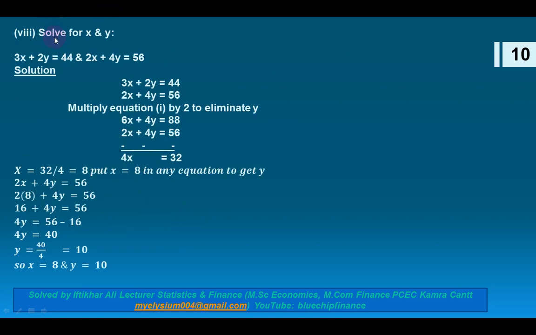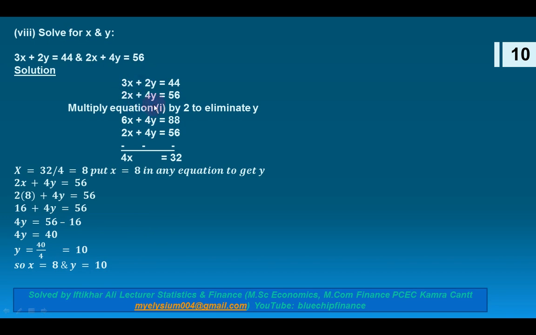Question number 8 is about solving for x and y. There are two simultaneous equations. First is 3x plus 2y equals 44 and second is 2x plus 4y equals 56. So first of all, we must equalize one variable.